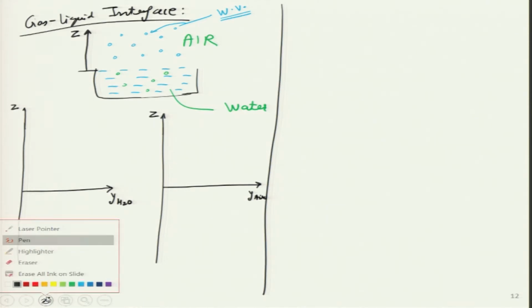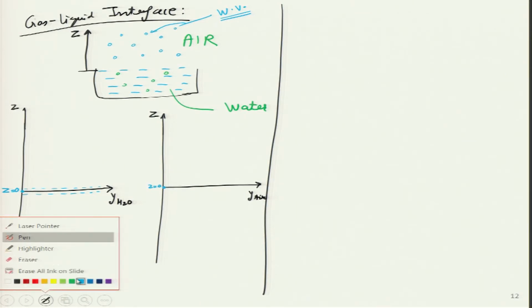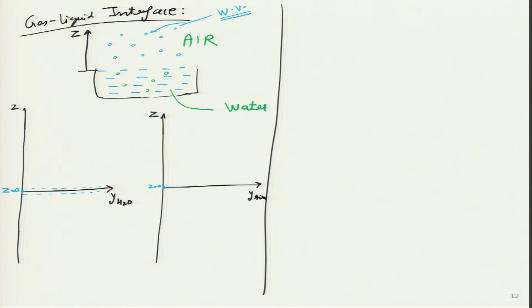So, what I am going to do is again draw that particular small interface over here. This is that very thin interface which exists at z equals 0, which is this particular point, and the same thing will happen over here. Now I have switched from W to Y, and the reason for that is that Y stands for mole fraction. So, here I am more interested in mole fraction.